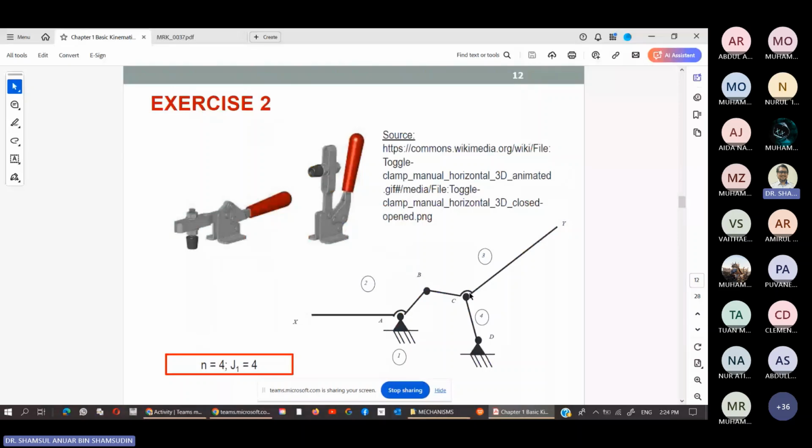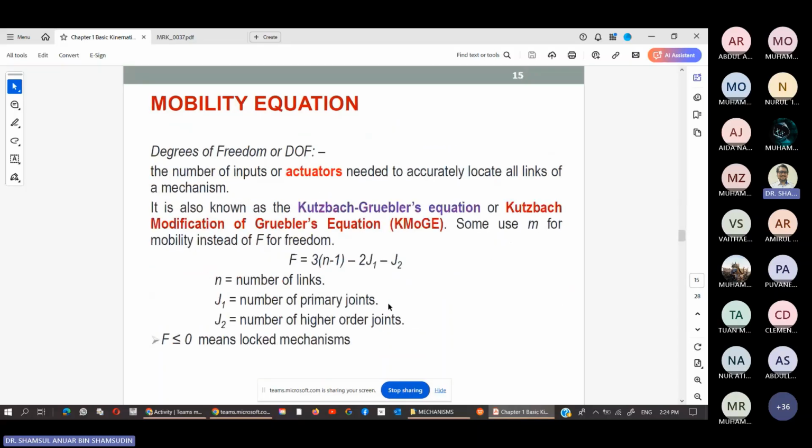We do not have a gear, cam, screw, or pin in slot. That's why our j2 is 0. So that gives us 1 degree of freedom. Meaning the 4-bar mechanism is a 1 degree of freedom system.